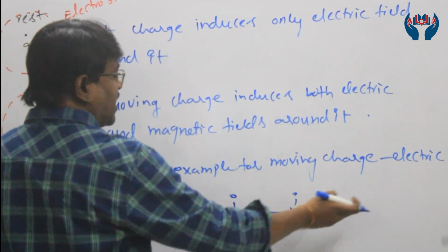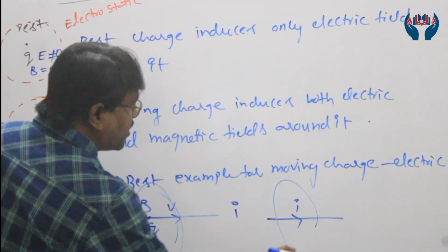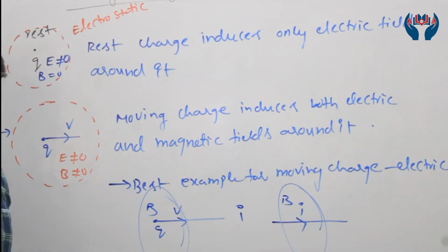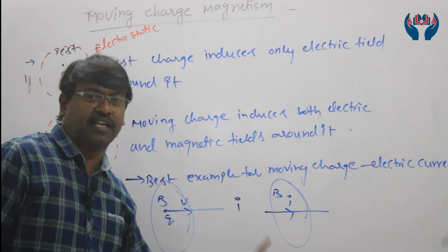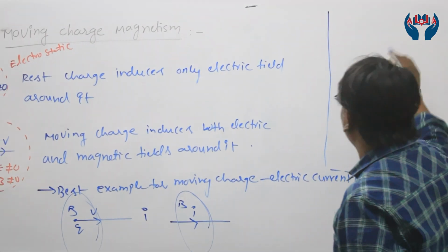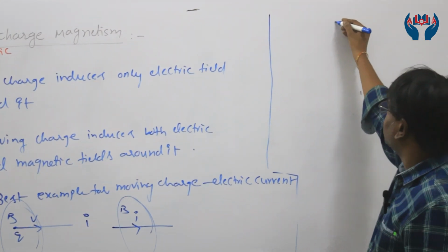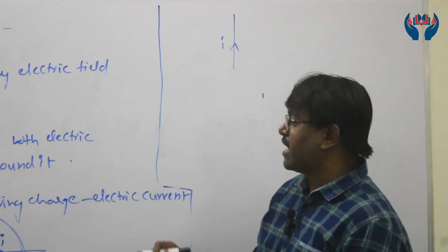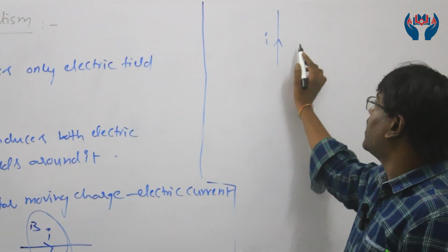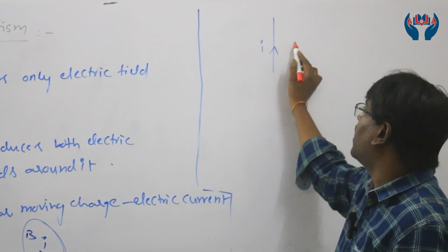This is considered one current carrying conductor. It also induces a magnetic field around it. So every current element induces a magnetic field around it. Now consider one current carrying conductor carrying a current I. Every current element induces some magnetic field around it.